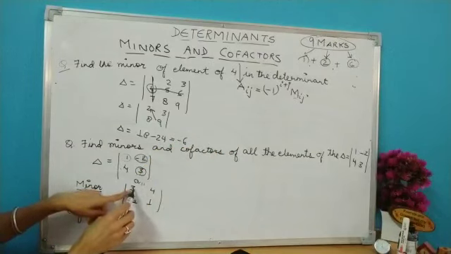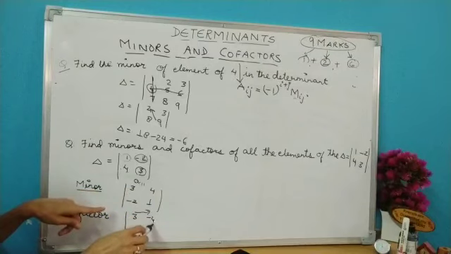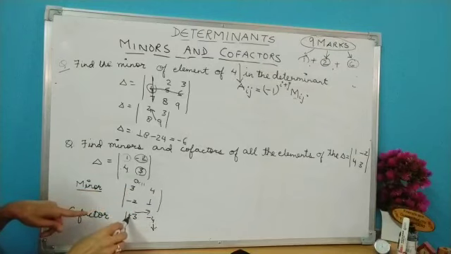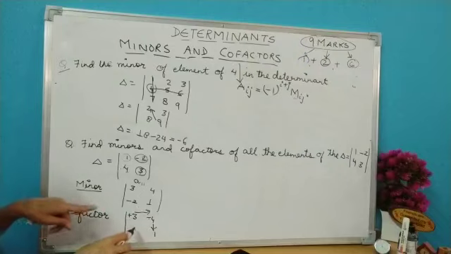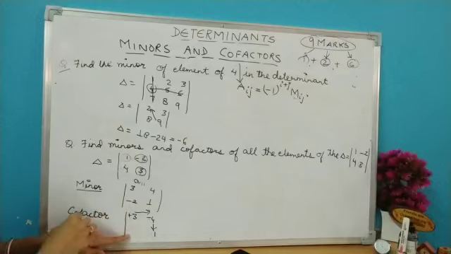Here this 3 takes a plus sign, then moving here it will be minus 4, then going down, this is minus, and this will again be plus. It is already minus here, and one minus sign I am giving because I am finding cofactors, so it will become plus 2.